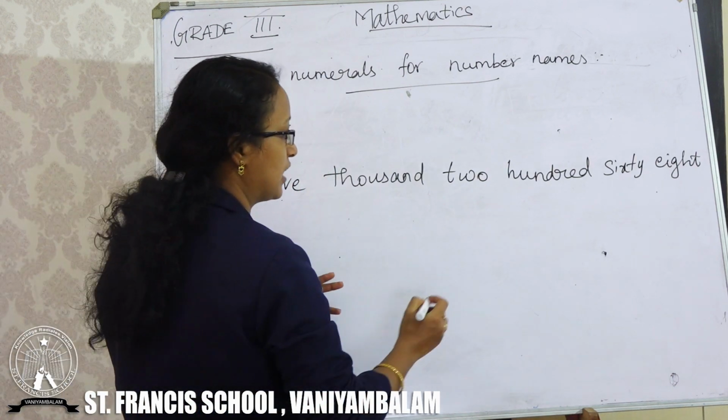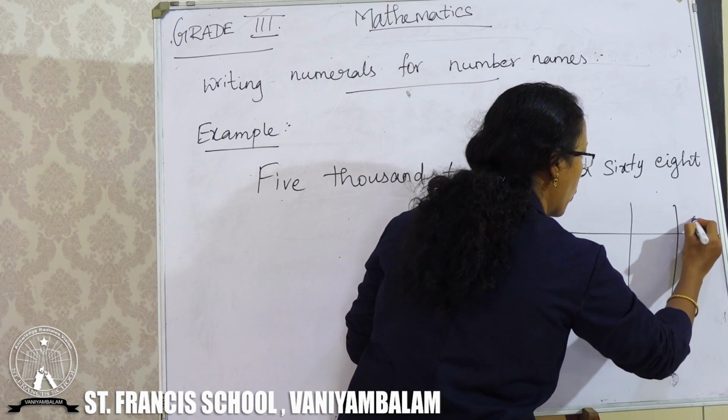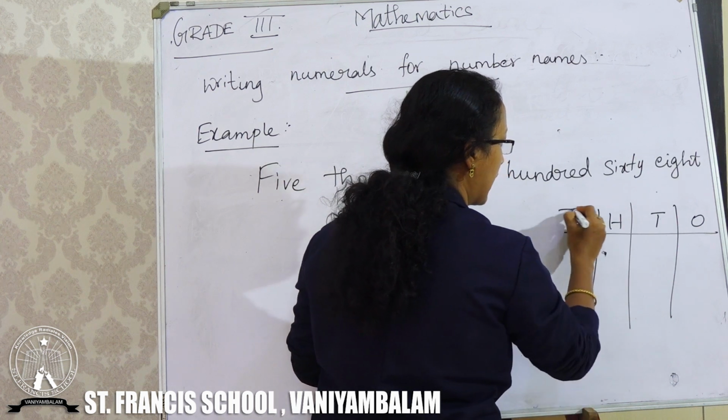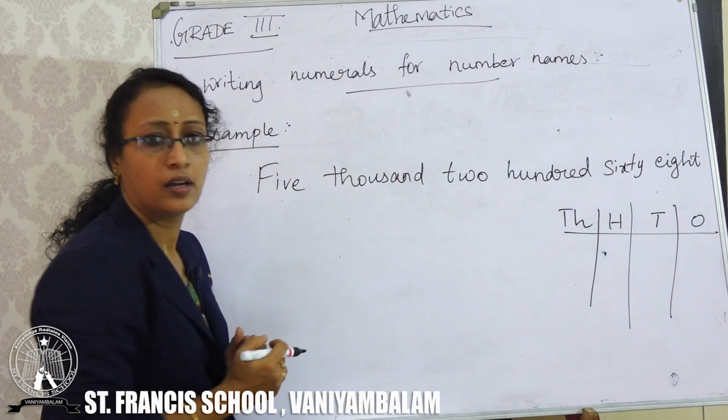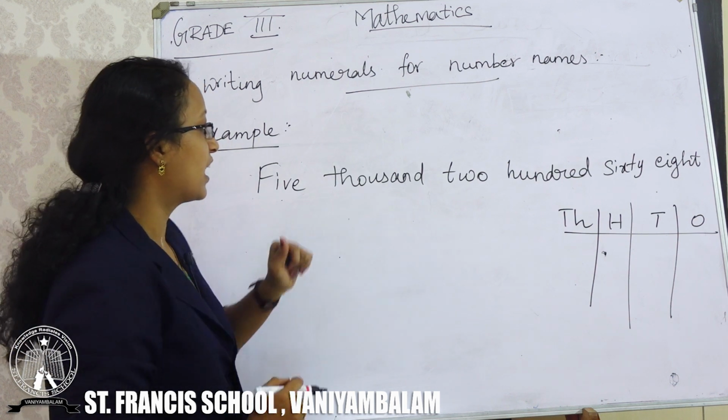First you know the place value chart, right? Yes. Ones, tens, hundreds and thousands, right? So first check where is this 5000.